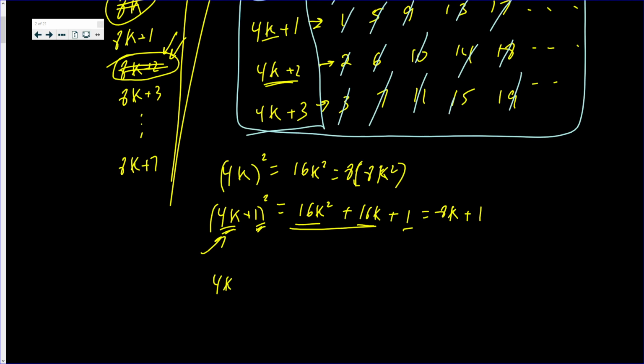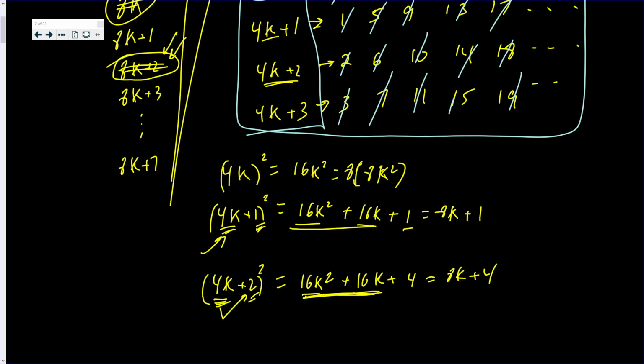If you are 4k plus 2, you're going to square this, and you're going to get a multiple of 8. And when you multiply 4k by 2 times another 2, you're going to get a multiple of 8. And when you square the 2, you get 4. Multiple of 8 plus multiple of 8. That whole sum is a multiple of 8 plus 4.